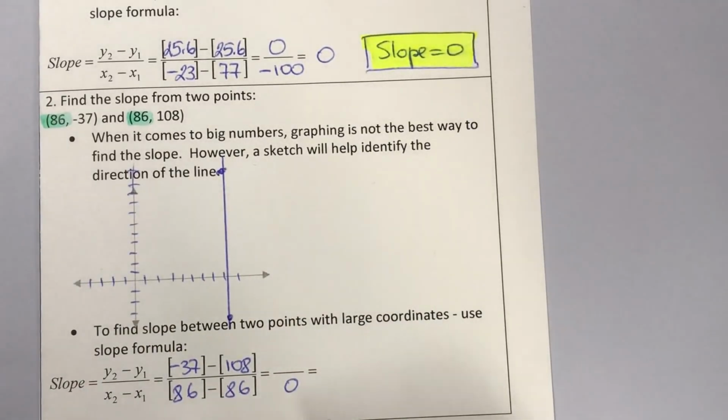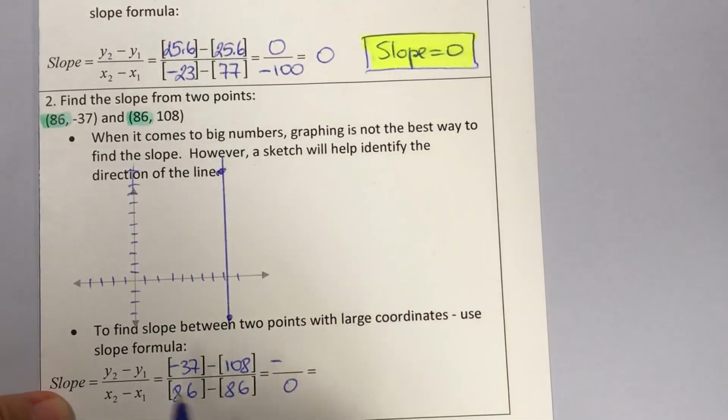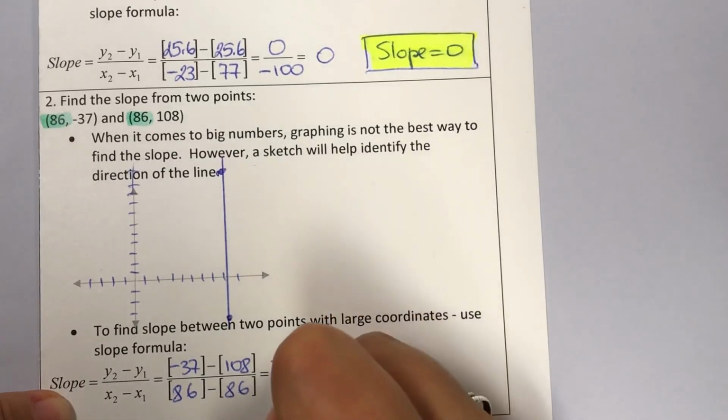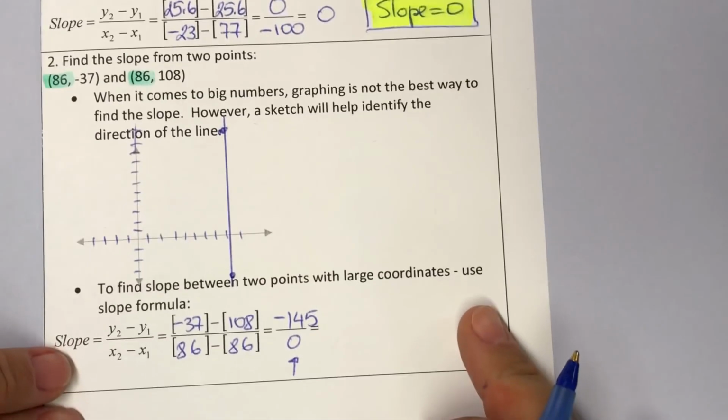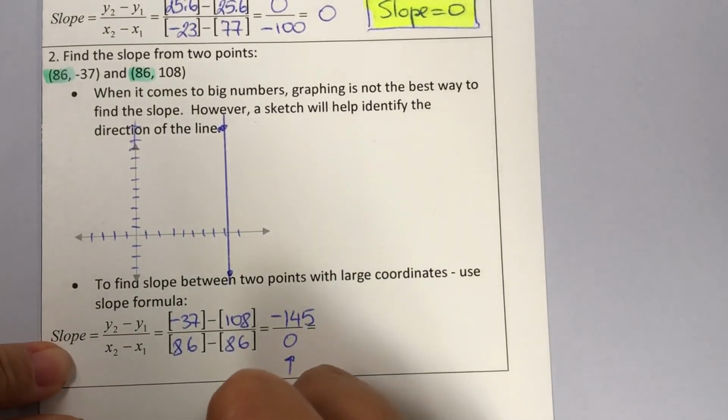And then division by 0 does not exist, but I'll still combine the numbers on the numerator. So 37 plus 108 with a negative, that would be negative 145. But we cannot divide by 0.